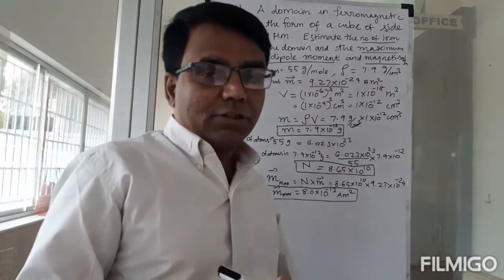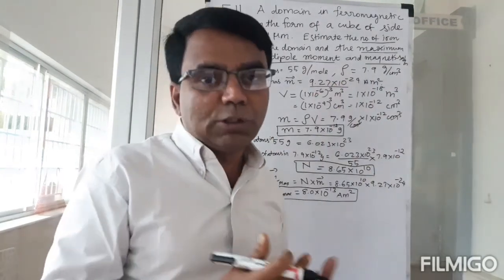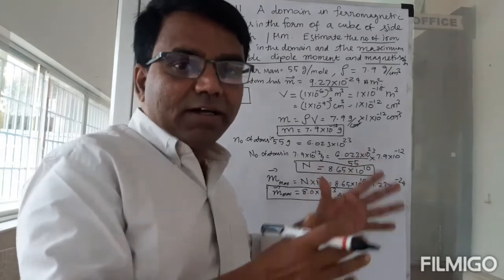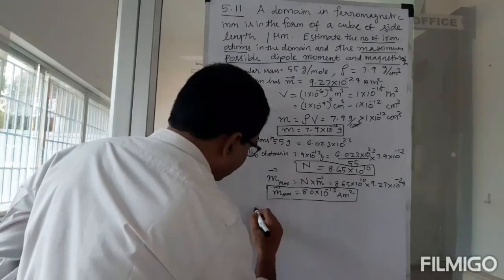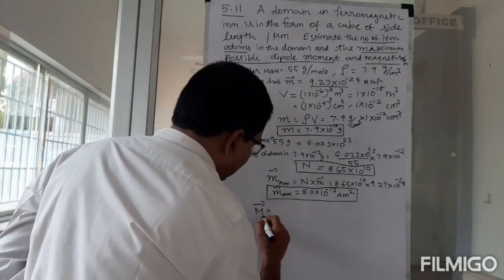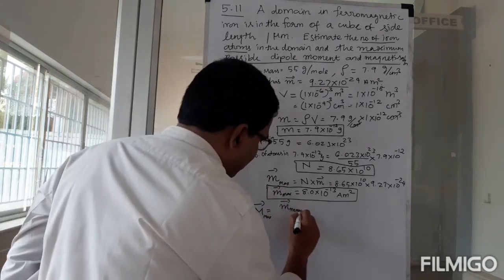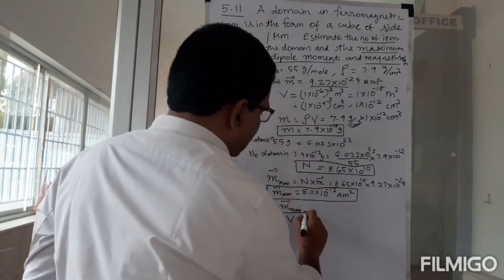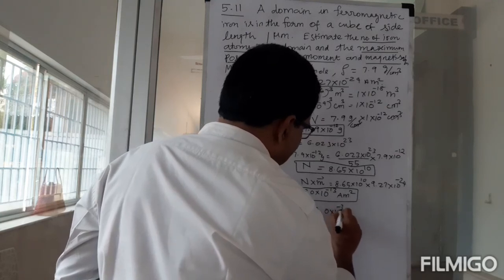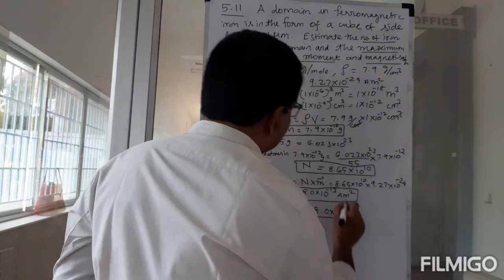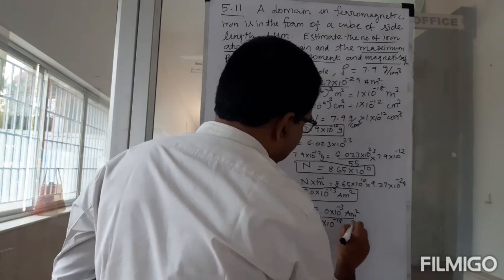And what about magnetization? We know the magnetization is the dipole moment per unit volume. So if I divide the dipole moment by the volume, then I should get the magnetization. So M max is equal to the maximum dipole moment divided by volume, which is 8.0 into 10 power minus 13 ampere meter squared divided by 1 into 10 power minus 18 meter cube.